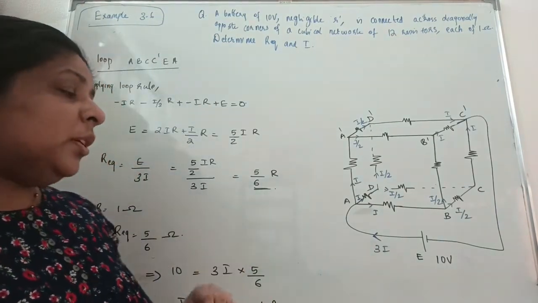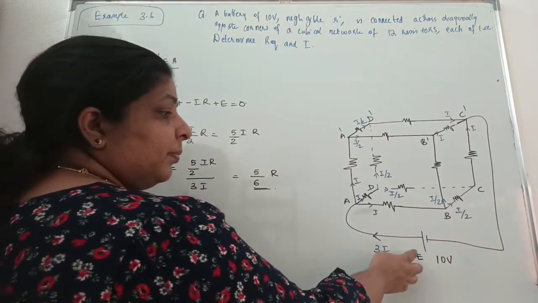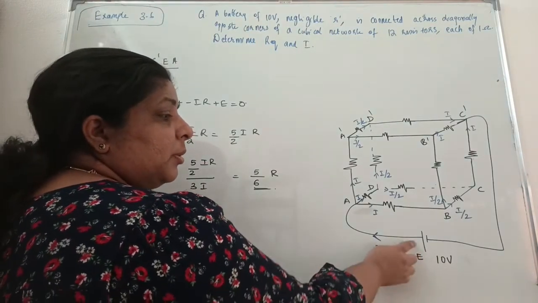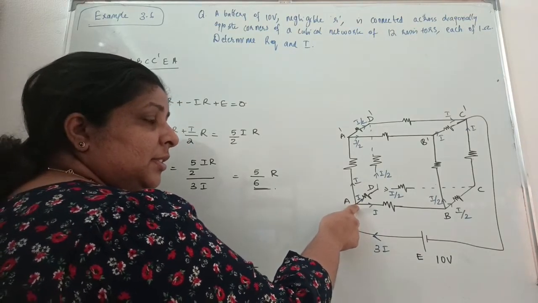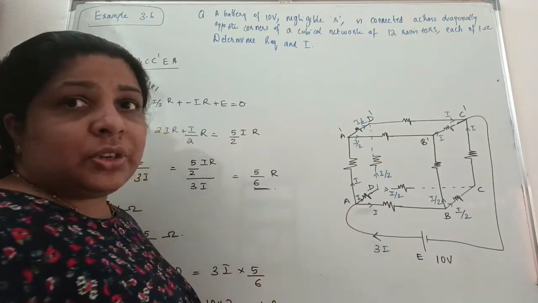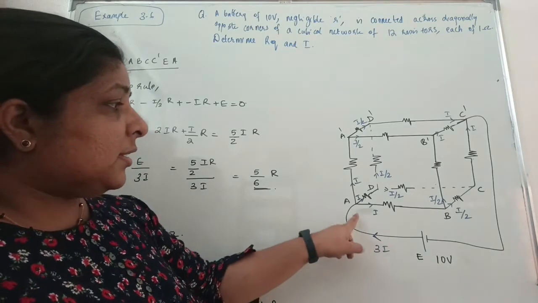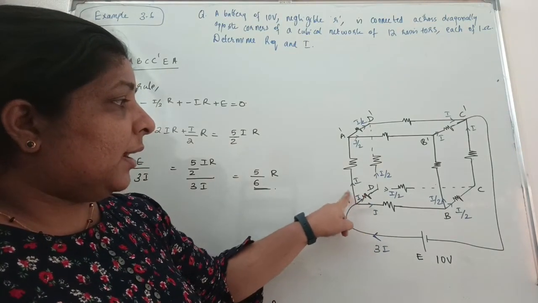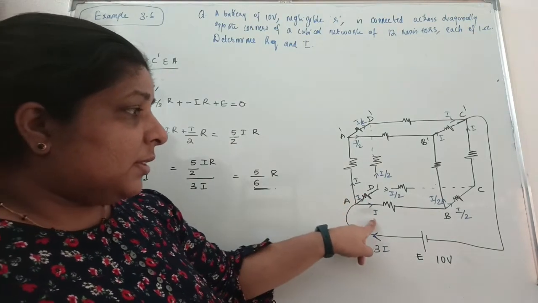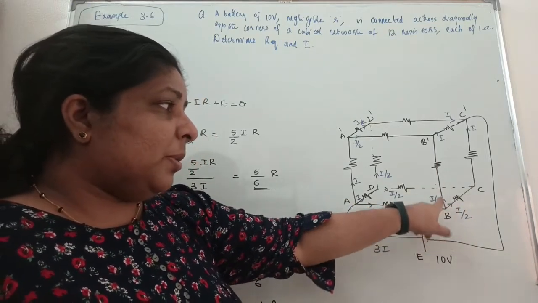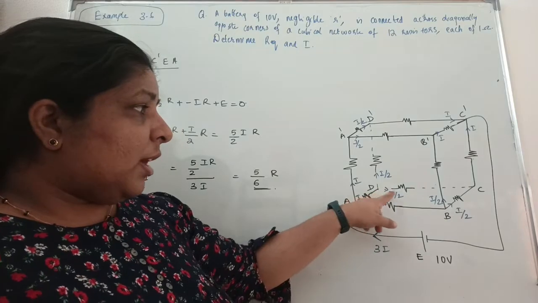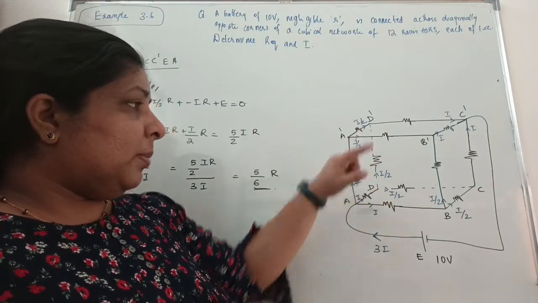Now looking into the diagram, here it is given the current coming from this battery is 3I. When it reaches this junction, we can apply the junction rule. So this 3I is getting split into 3 equal parts, I. When this I reaches here, again 2 branches, so I gets split into I by 2, here also I by 2, here also I by 2.